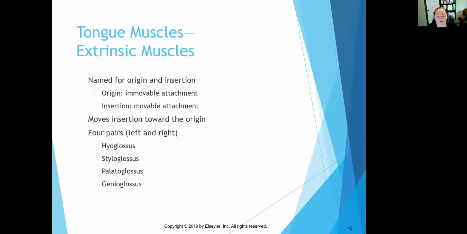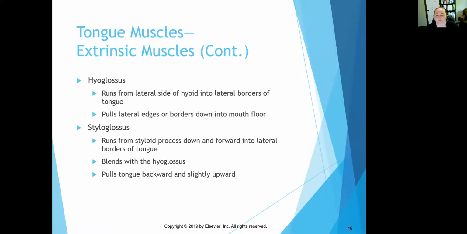We have our hyoglossus, our styloglossus, palatoglossus, and genioglossus. So our hyoglossus runs from the lateral side of the hyoid bone to the lateral borders of the tongue. This pulls the sides of the tongue down into the floor of the mouth.